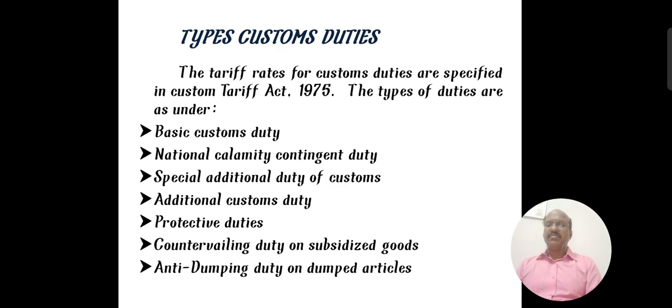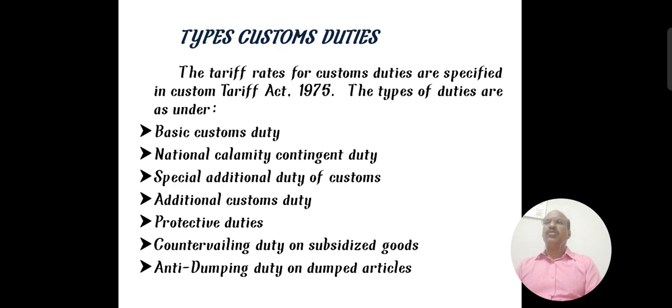The national calamity duty is a special duty when there is an occurrence of any national calamity. In that period, in order to overcome the disasters or whatever the national calamity condition, they have to levy duty on the goods. Then the third one, special additional duty of customs.